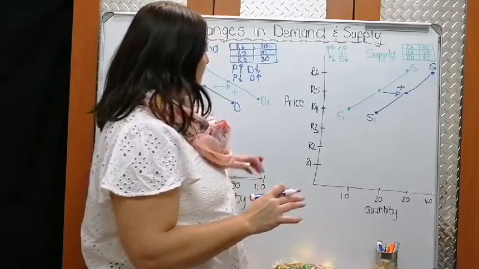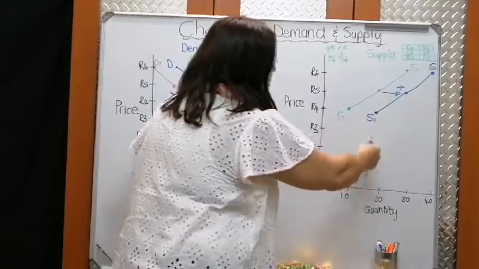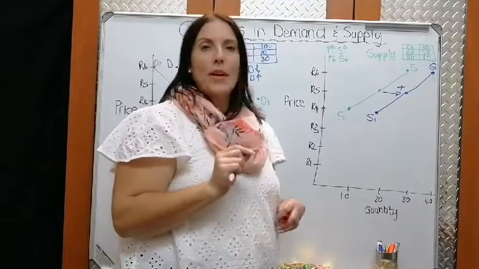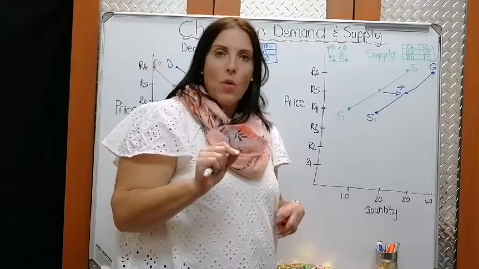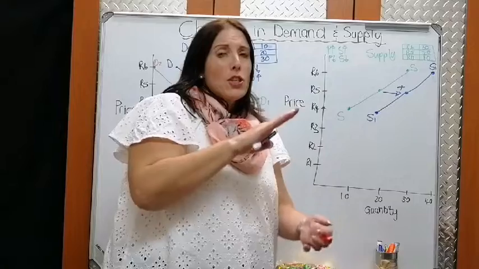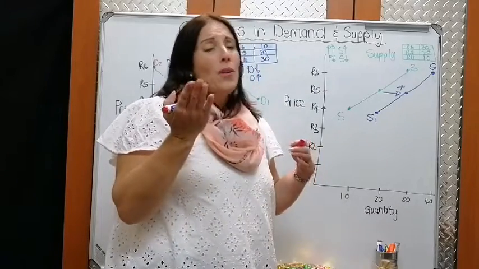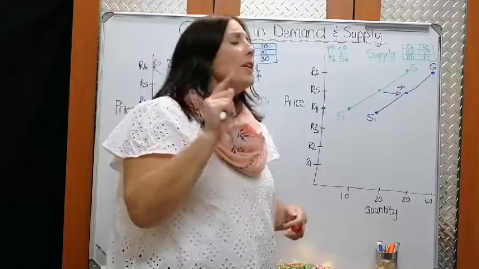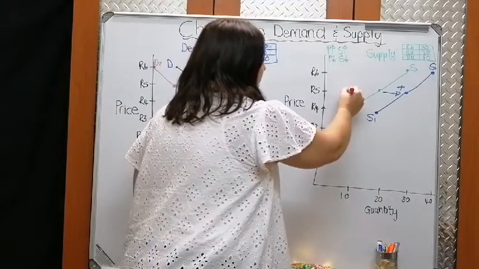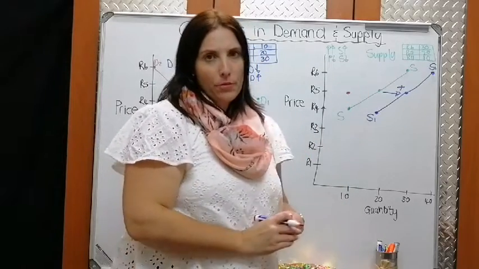If we take the next amount at 5 Rand, where I originally was prepared to supply 20 packets of chips to the market, now I might say, it's not worth my while. My production cost, my cost of raw materials has increased. I will not make a lot of profit. I'm only going to supply 10 packets of chips if the price in the market is 5 Rand for a packet of chips.